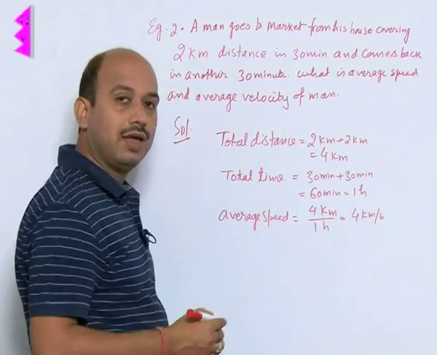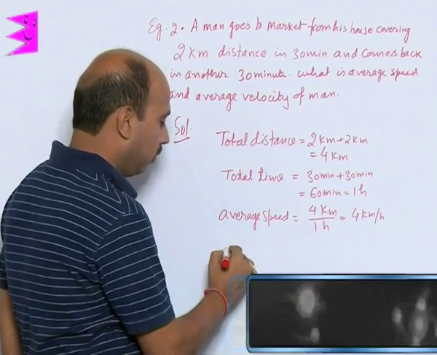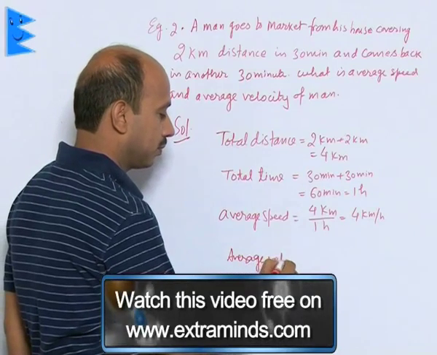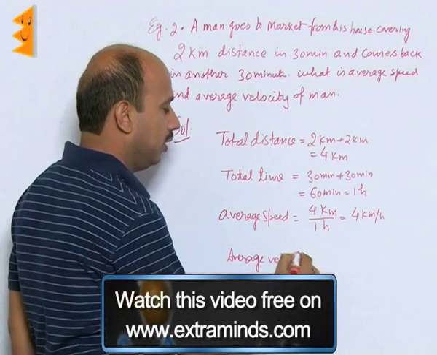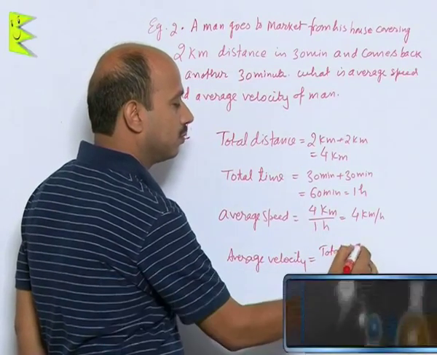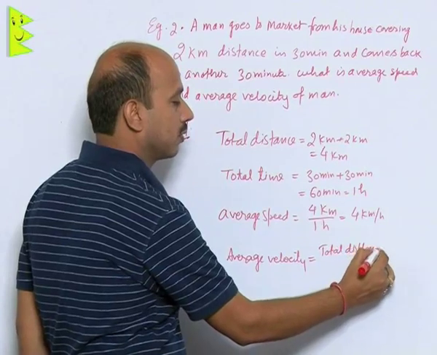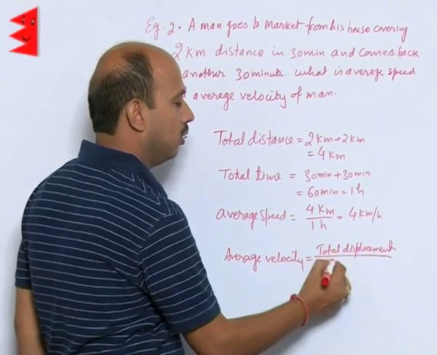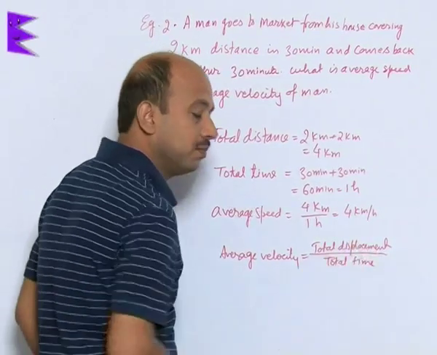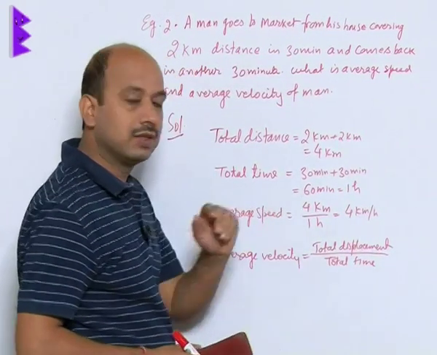Now, we can write average velocity. Average velocity is equal to total displacement upon total time. So, now see what is total displacement in this case.